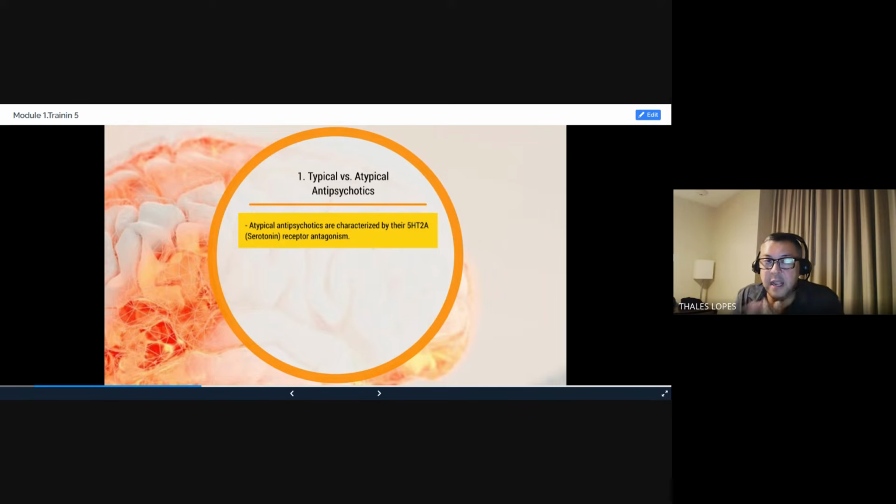Now, what is important for you after you pass the test is remember that if you haven't used it, you should be using second generation with 5-HT2A serotonergic blockade. But if it doesn't work and you have tried several medications, you can switch to the first generation, which is more potent, and it should take care of the psychosis.